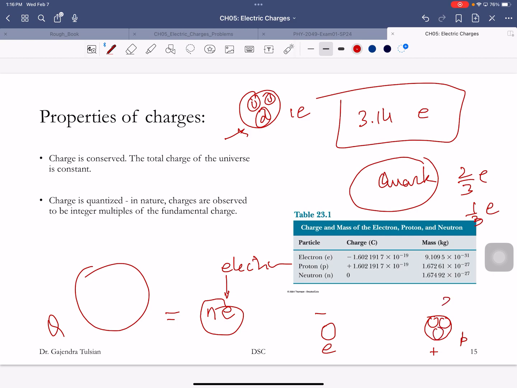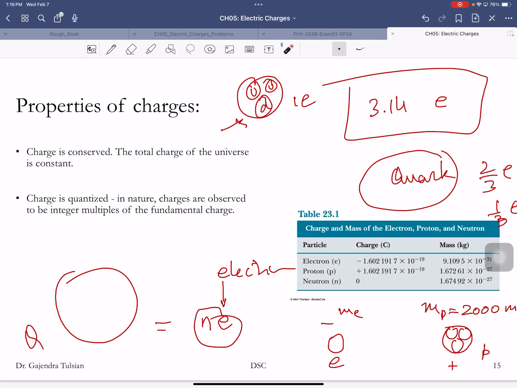A proton is about 2,000 times heavier than the electron. So needless to say, these guys are not related at all. They're not even cousins. Very different particles. These guys are called hadrons. These guys are called leptons. But anyway, that's just names.